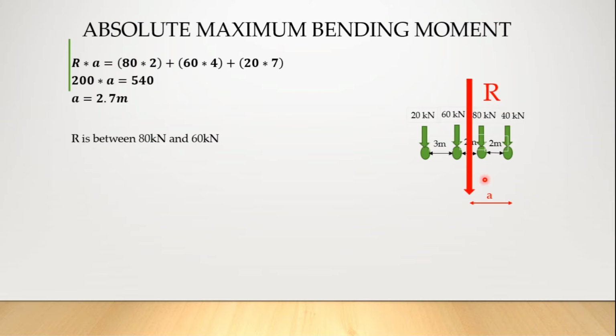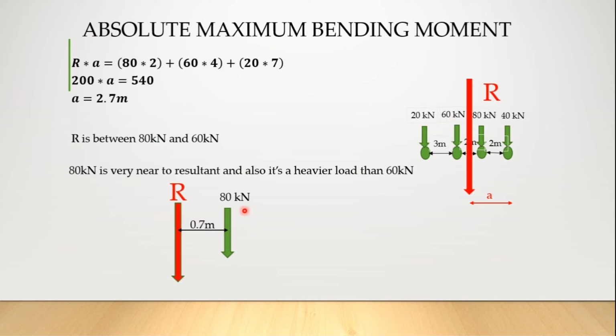So now you see the location of the resultant is between 80 kilonewton and 60 kilonewton. Now we need to see which is the nearest load to this resultant. It is very clear from the distance that 80 kilonewton is much nearer to the resultant than 60 kilonewton, and it is also heavier than 60 kilonewton.